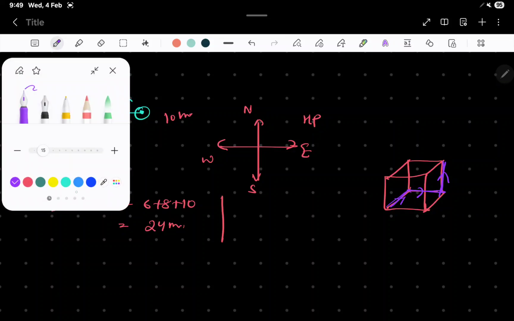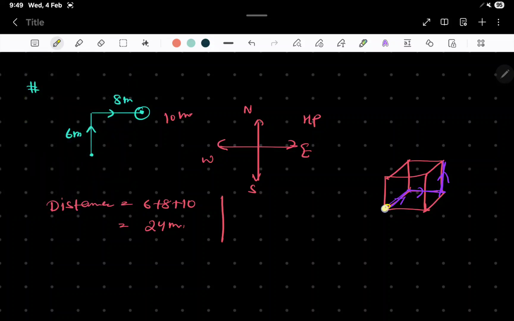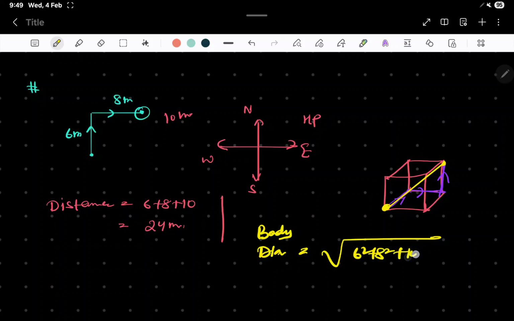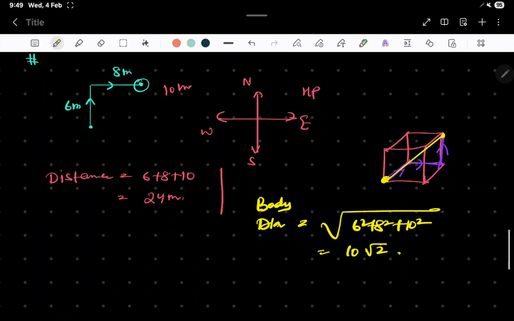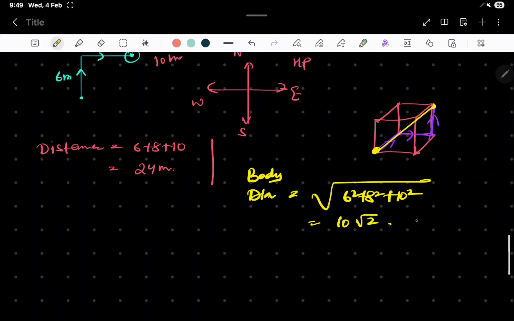Okay, so to get the displacement, we have to join the initial and the final point, which you can see is a body diagonal. So the length of the body diagonal is simply root of a square plus b square plus c square, which is root of 6 square plus 8 square plus 10 square, which is root 200, right? So that is why it is 10 root 2. So this is the displacement.